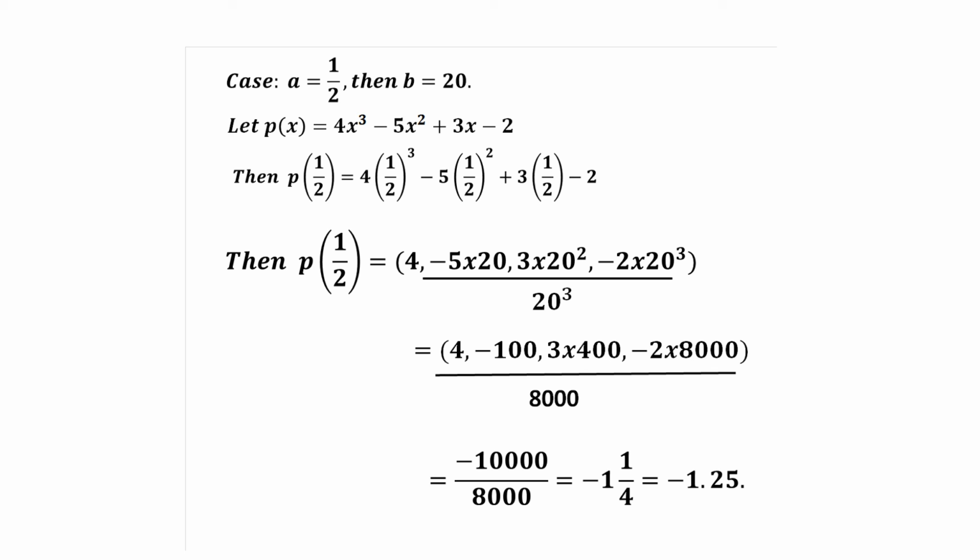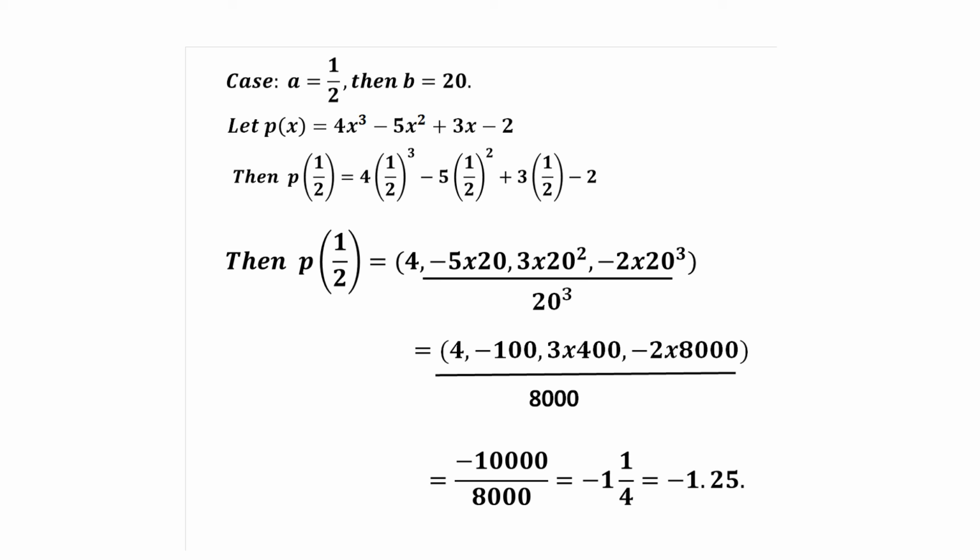P of a half is 4, minus 5 times 20 to the first, comma, 3 times 20 squared, comma, minus 2, 20 cubed. And you see in the tuple below, that's 4 minus 100. Then we have 3 times 400, that's 1200, minus 2 times 8,000, that's negative 16,000, divided by 20 cubed, which is 8,000.